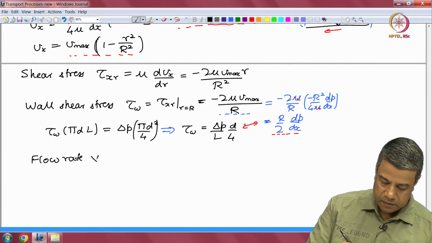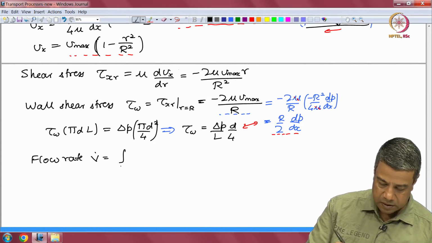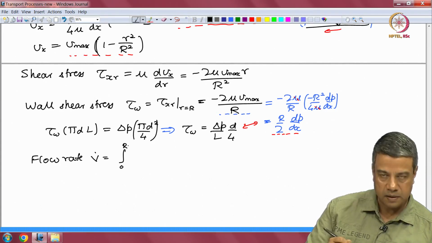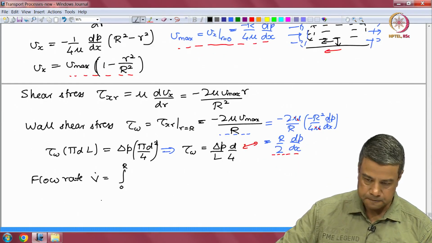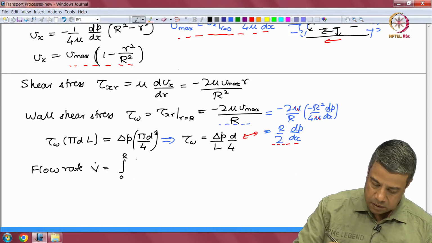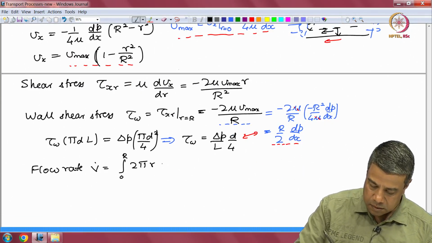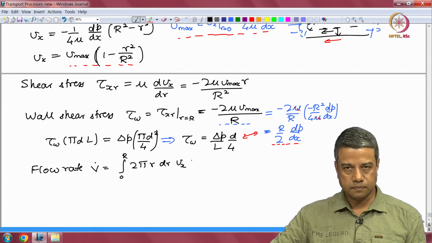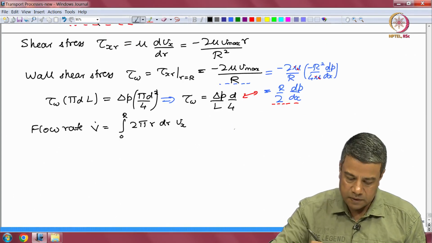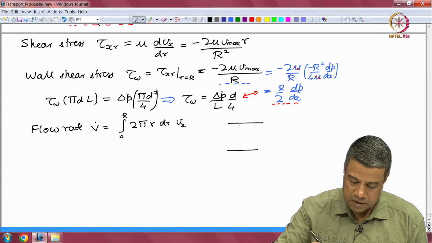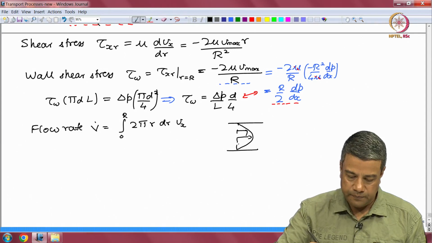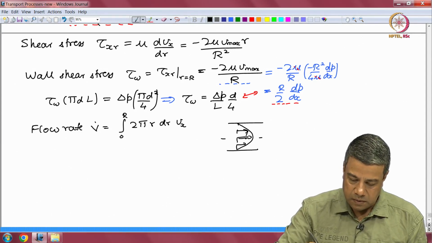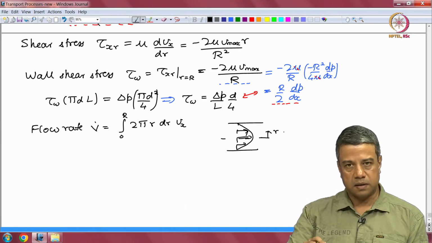V dot is equal to the integral from 0 to R of... so, for a pipe flow, the velocity is varying as a function of position in the radial direction, where this is the radial direction r.